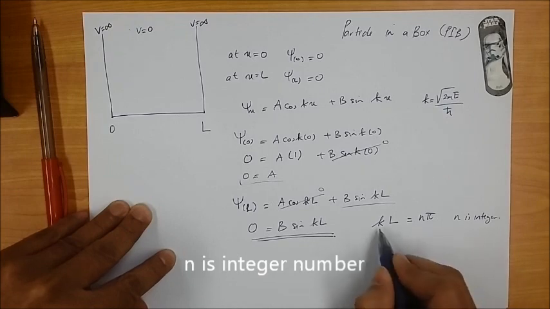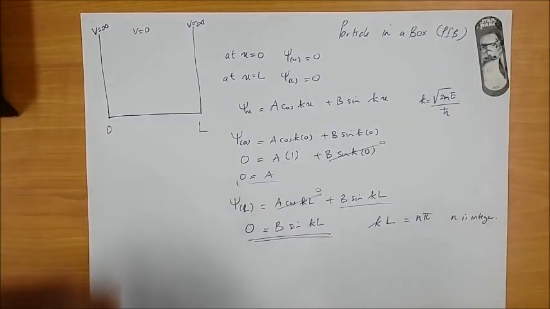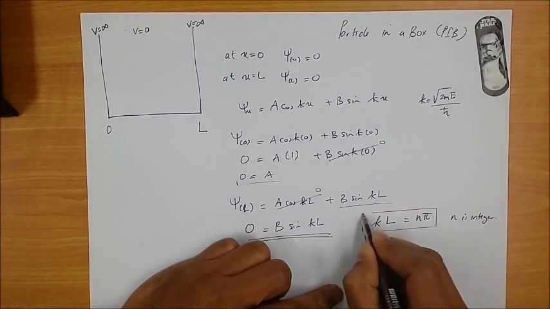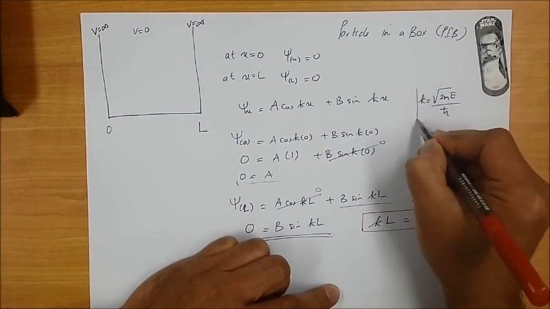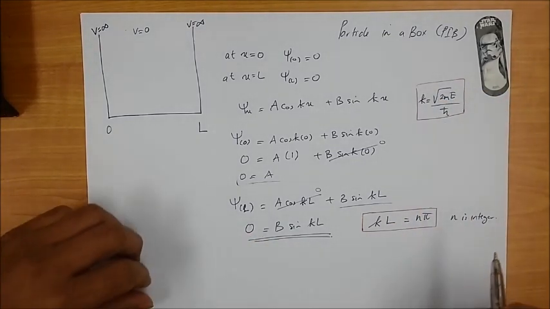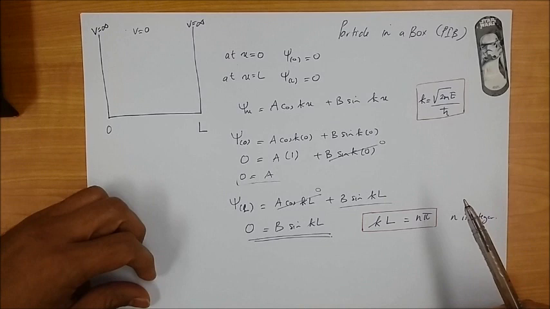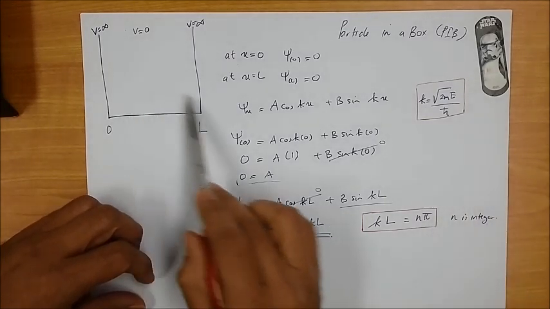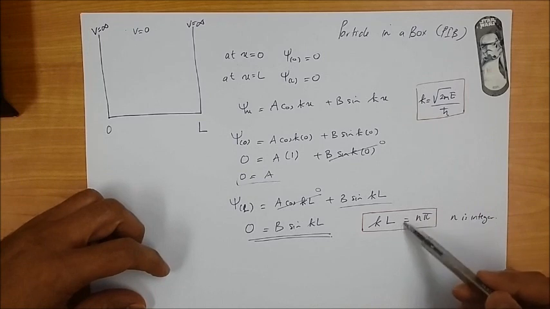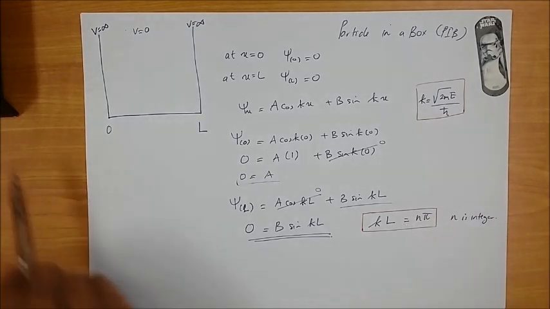Okay, so here we find a new requirement, in addition to the description of the wave vector k: in order for the wave function to satisfy the particle in a box condition, k has to satisfy this relation.